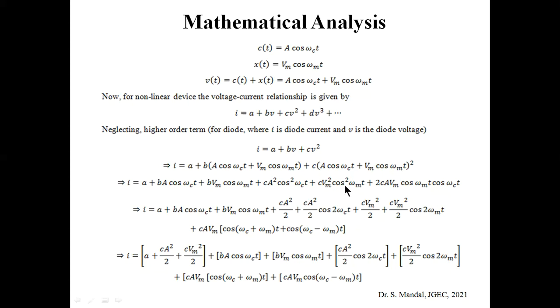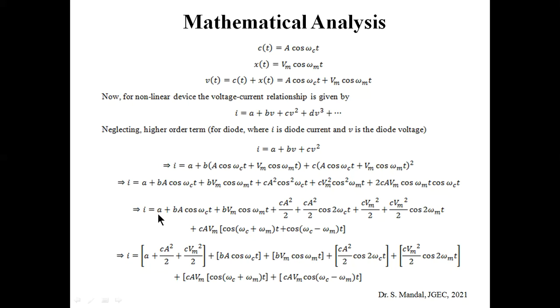Similarly, c Vm square cos square omega mt can be written as c Vm square by 2 plus c Vm square by 2 into cos 2 omega mt. And similarly 2 cos omega mt into cos omega ct can be expressed as cos omega c plus omega mt plus cos omega c minus omega mt. So ultimately this is the corresponding equation for the current.